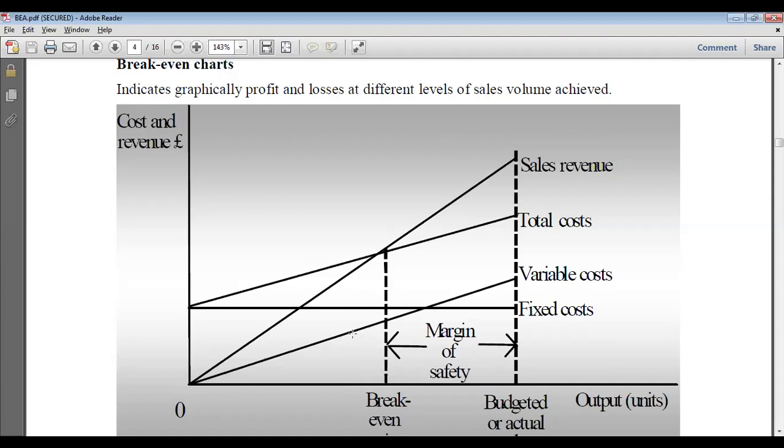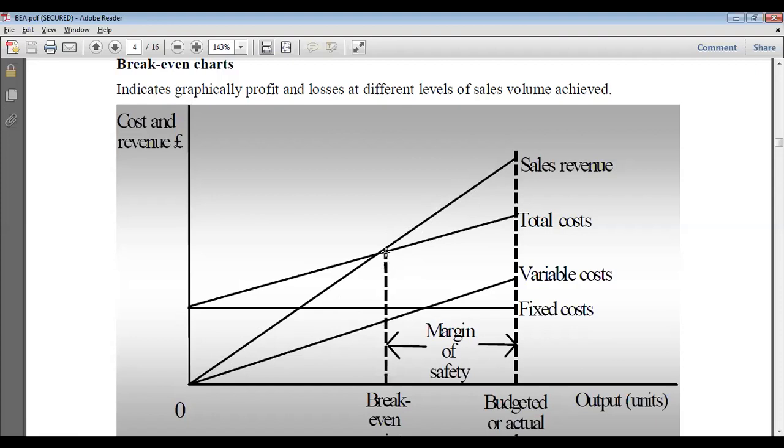So this means that these two lines will be cutting somewhere. The revenue generated line and the total cost will be intersecting at some place. So at the point where these two are intersecting, we draw a perpendicular, a vertical line from this point to the horizontal line.